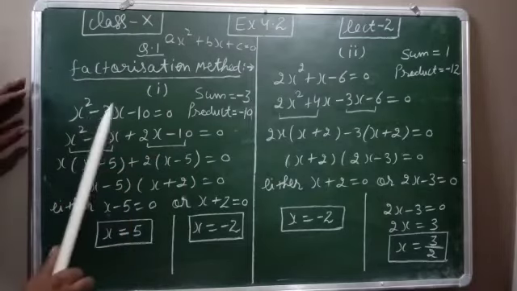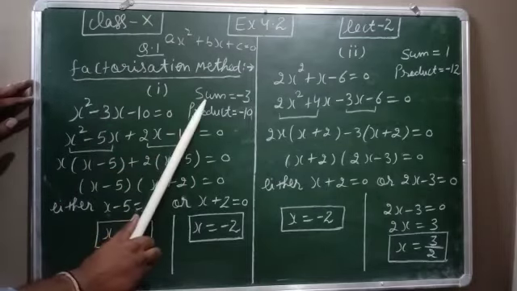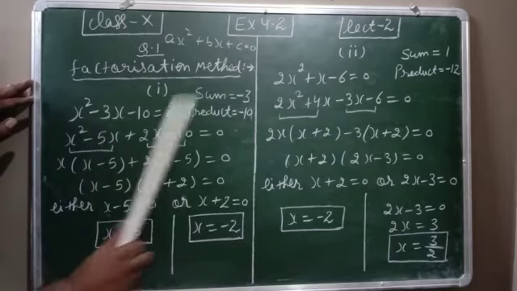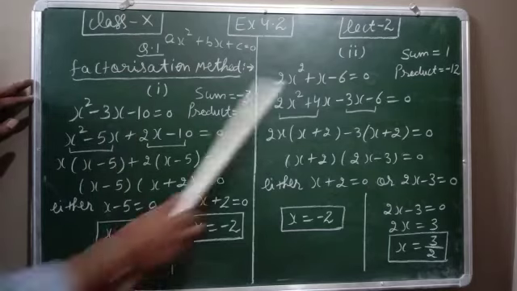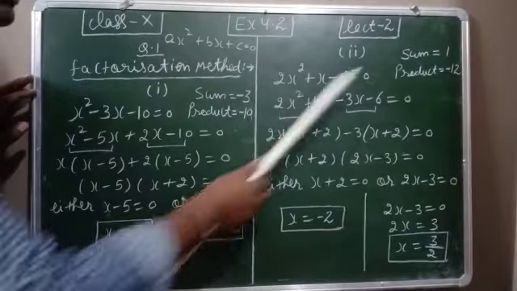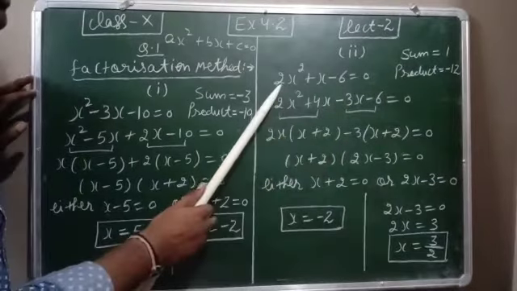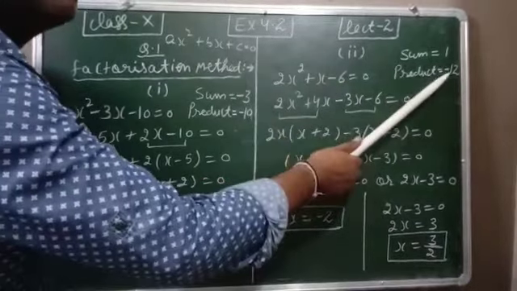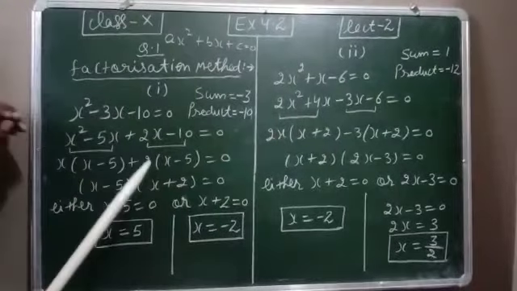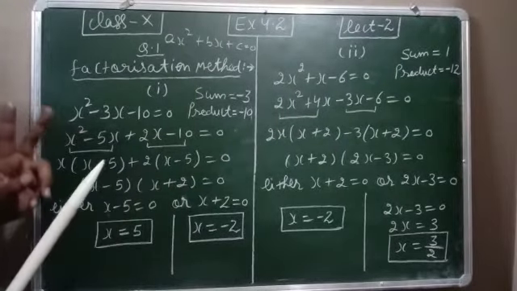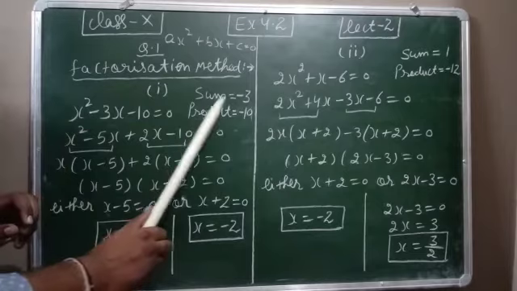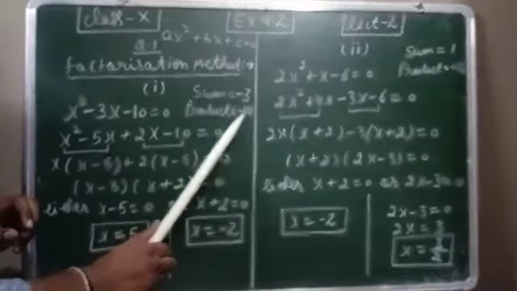So factorization or splitting the middle term, we have the same method. It means the sum should be −3 and the product should be −10. Like in the second part, the sum should be 1 and the product should be 2 into −6, that is −12. So now I have to find two numbers such that their sum is −3 and product is −10.